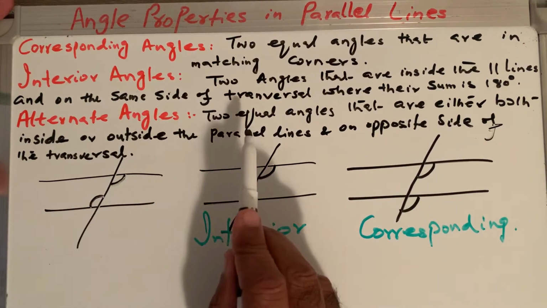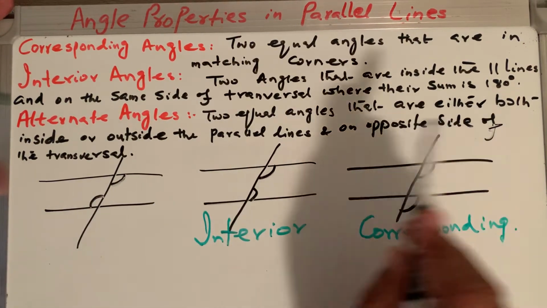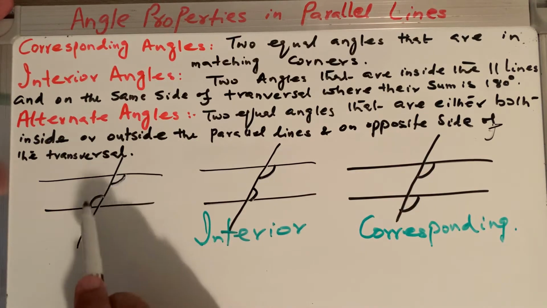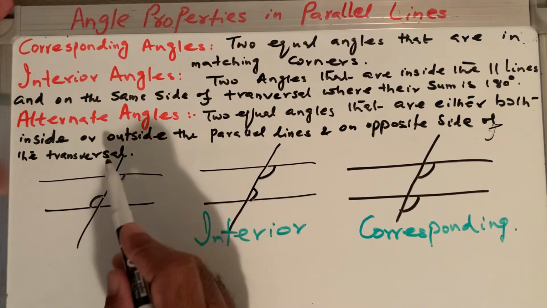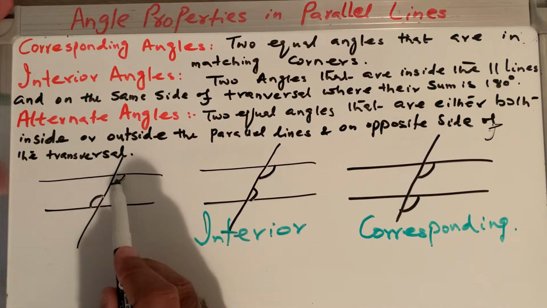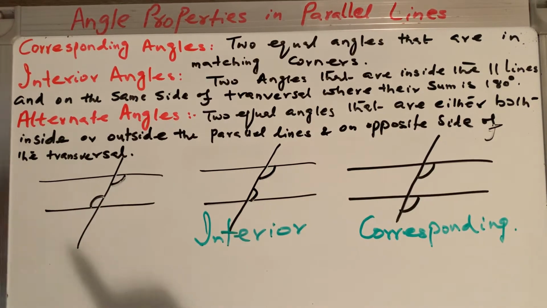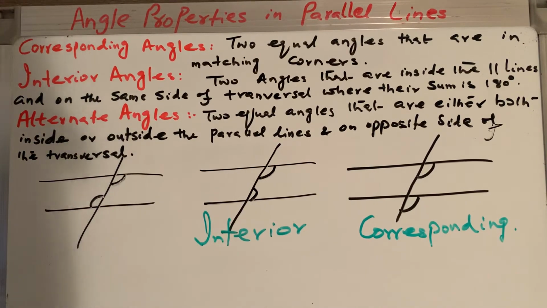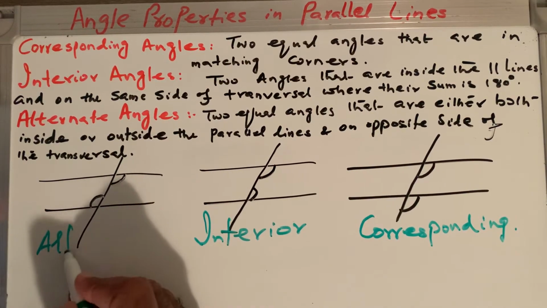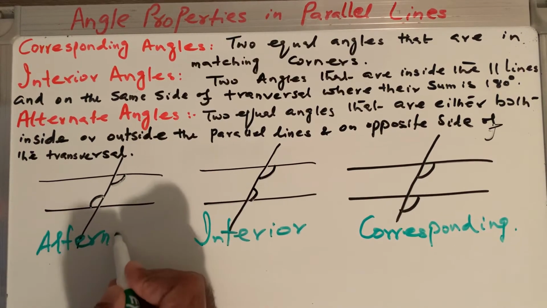Both my angles are inside the parallel lines and on opposite sides of the transversal. So my selection is alternate angles.